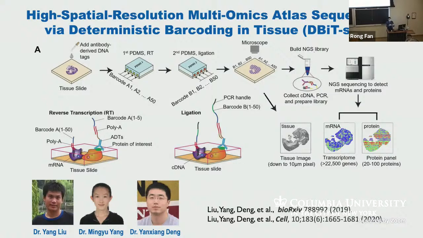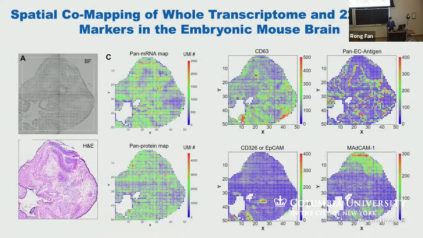Then you collect the cDNA and do parallel sequencing, and you can computationally reconstruct the spatial gene expression map. If you play the trick with the DNA-antibody conjugates, you can map the proteins simultaneously in the same workflow. What I'm showing you here is the data we already published from the embryonic mouse brain.